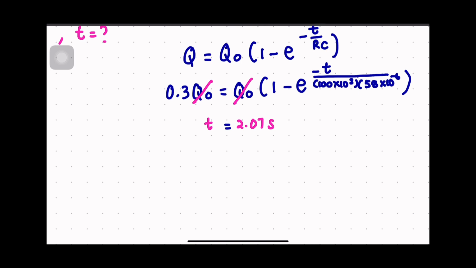Okay, siapa yang tak tahu nak buat ni, you boleh buat satu-satu lah. Maksudnya 0.3 equals 1 minus exponent negative T over 100 times 10 to the power of 3 times 58 micro.